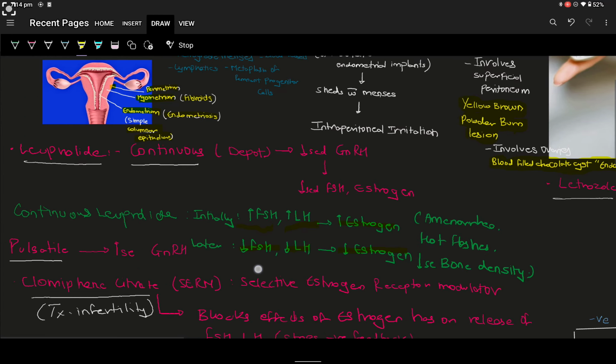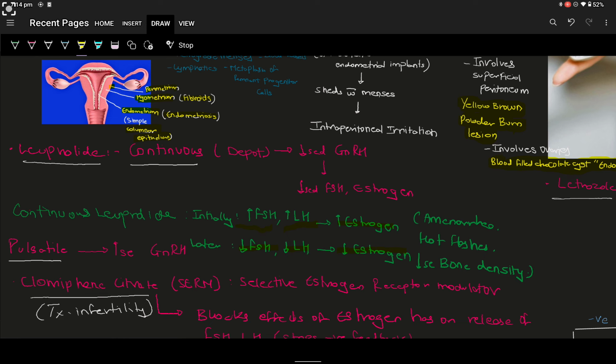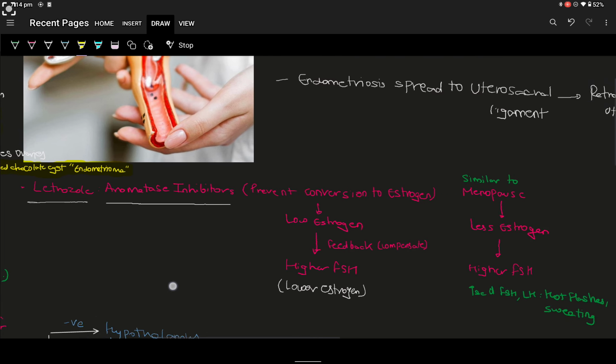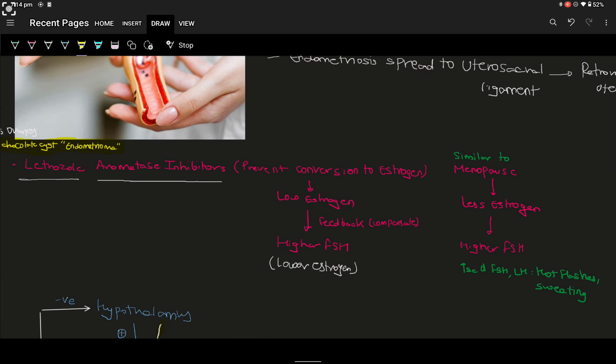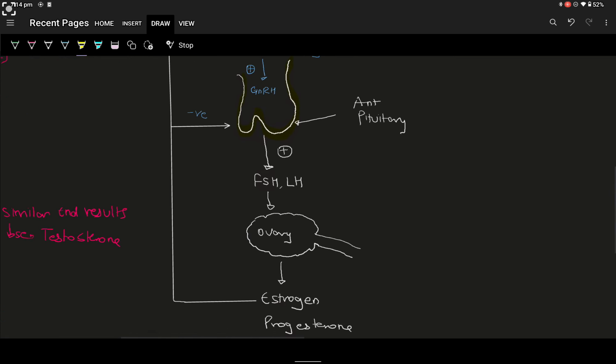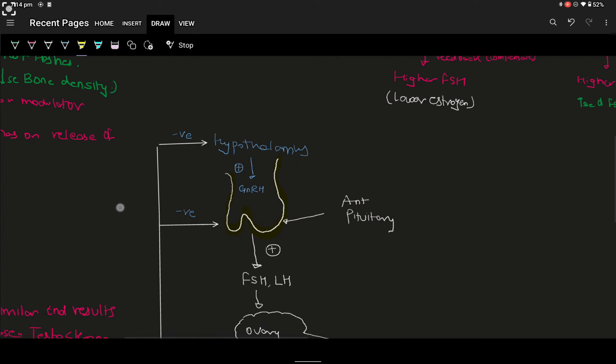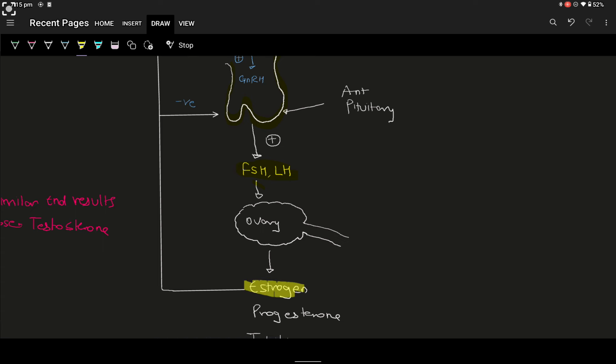Some other drugs which leuprolide could be confused with are drugs like letrozole. Letrozole is an aromatase inhibitor which prevents the conversion to estrogen, which would lead to low estrogen. And for the low estrogen, as we saw here, the body would detect it, and there would be higher levels of FSH and LH to increase the production of estrogen eventually.